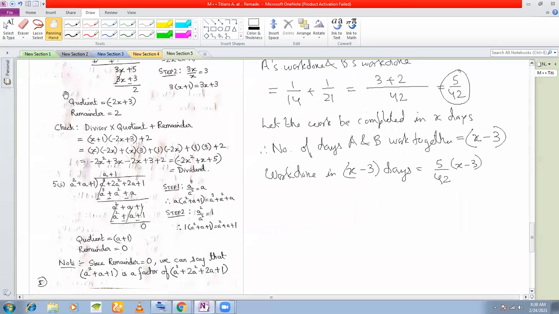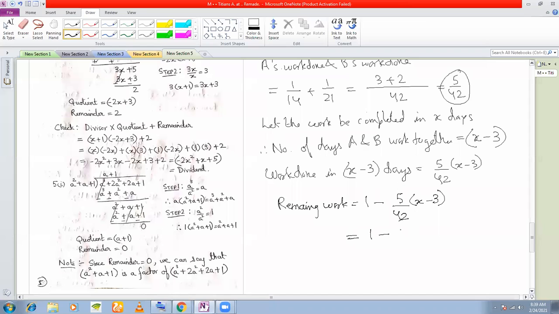So what is the remaining work? One minus 5 by 42 into X minus 3. Okay. This is the remaining work.